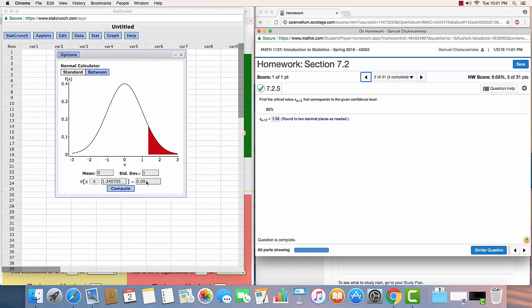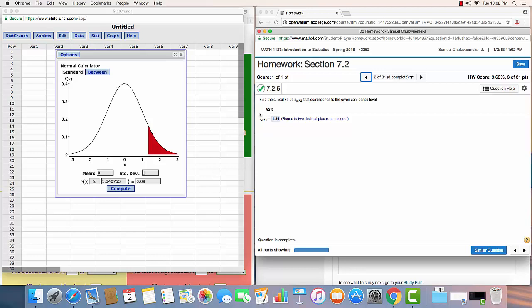The level of significance is 1 minus the level of confidence. So 1 minus 82% is 18%. Then you divide by 2, 9%, which is 0.09. That is if you're using Statcrunch. Otherwise, you can just use my calculator and put it in.